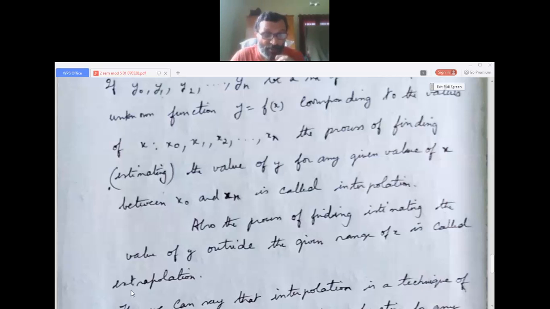So inside means interpolation. Extrapolation means finding the value of y which is outside x0, x1, x2, x3 till xn. Interpolation means finding the value of y which is inside, between x0, x1, x2, x3 till xn.